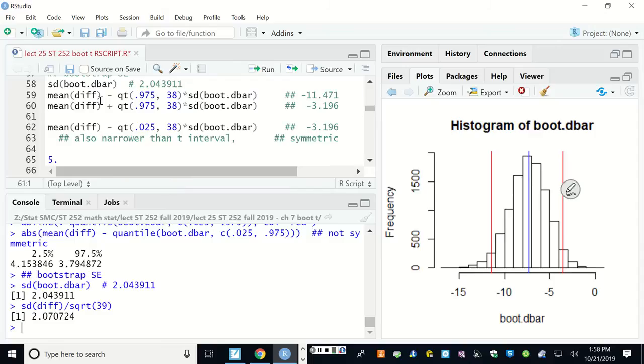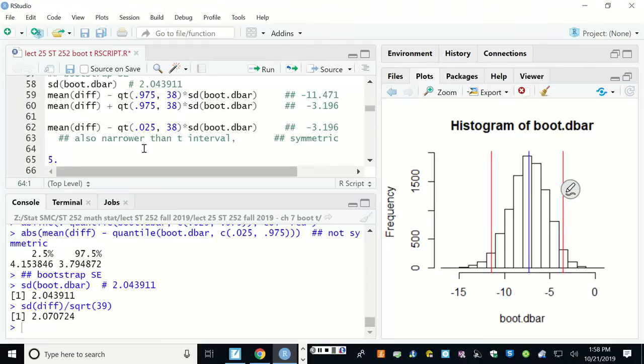Since the t is symmetric, we can do plus or minus the 0.975, or we can do minus the 0.975 and minus the 0.025. So there's two ways of doing that. Mostly people say plus or minus the positive value, but if you subtracted the positive or subtracted the negative, you're going to get the two values that are there.